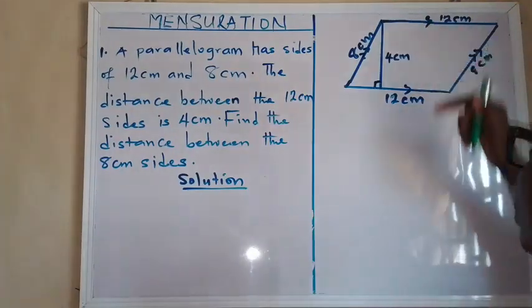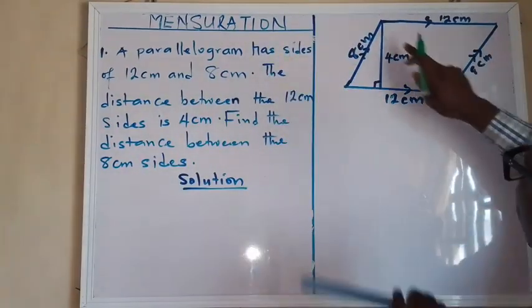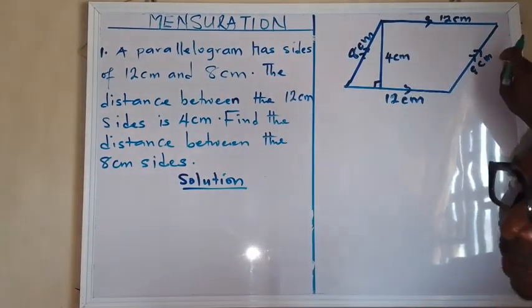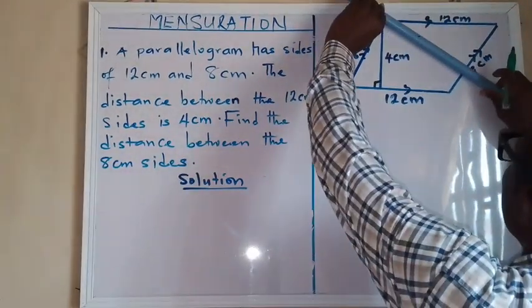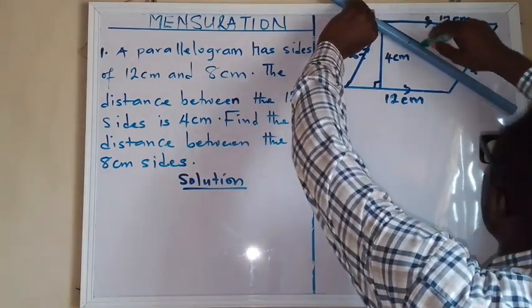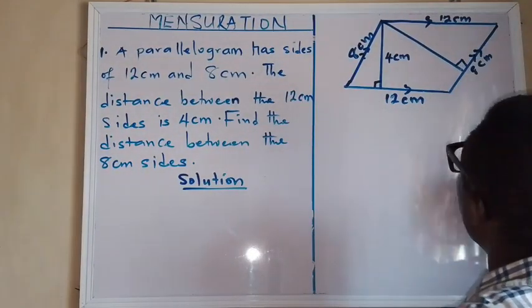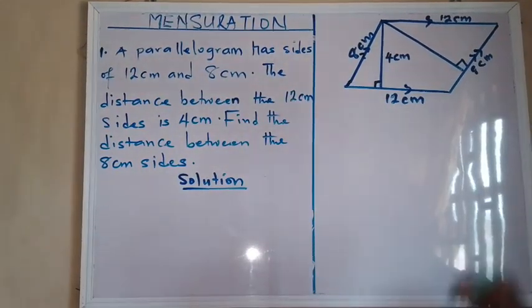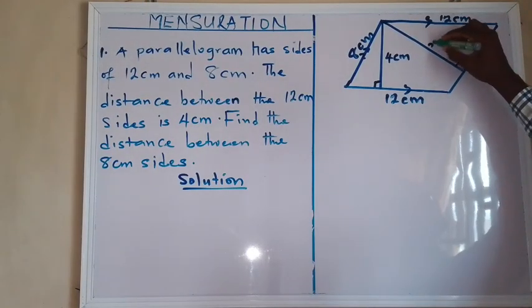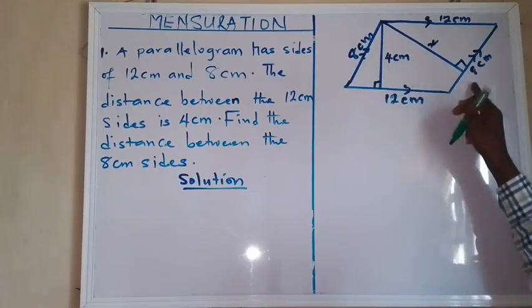So we draw a line in such a way that it's going to be perpendicular to this. Okay, so this is what we are looking for. The distance between this and this. That is what we want to get.